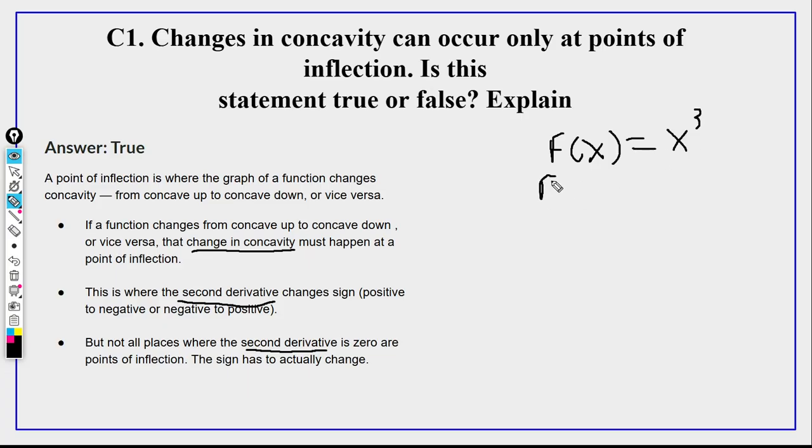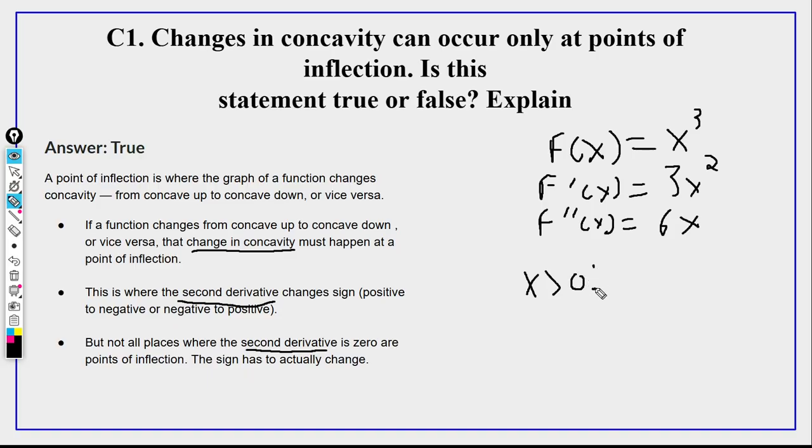So first we find the first derivative. That's gonna equal 3x^2. Then we find the second derivative. That's gonna equal 6x. So here is 0. So we'll do x greater than 0, concave up.